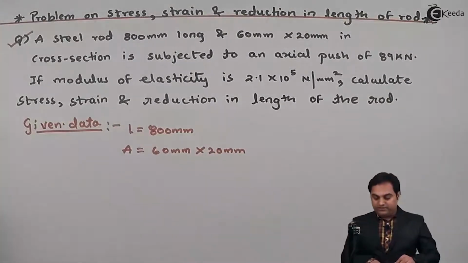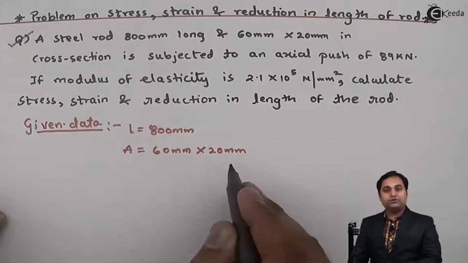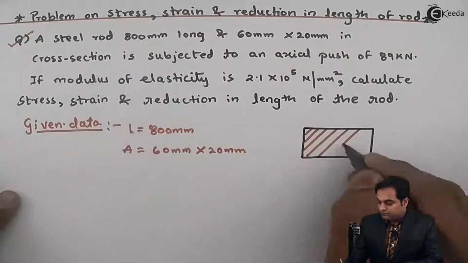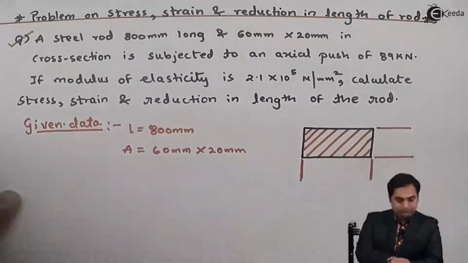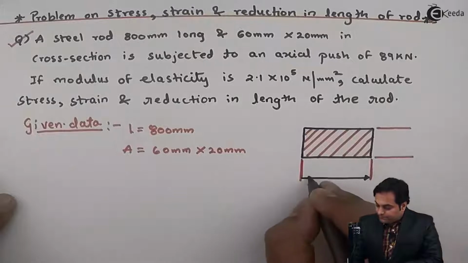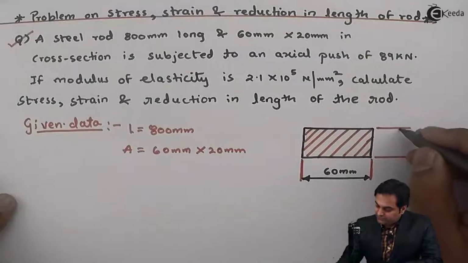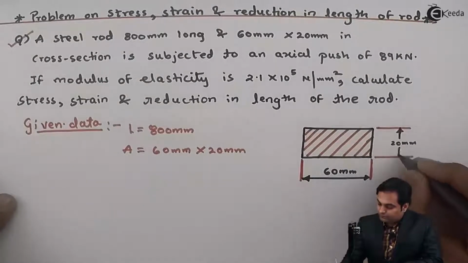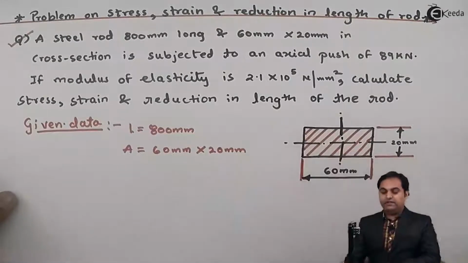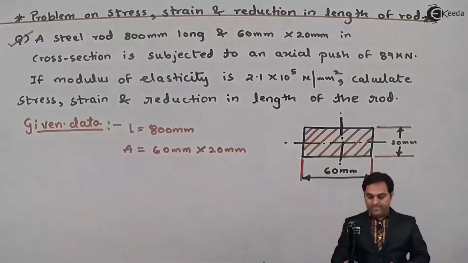So here this means that the steel rod is having a rectangular cross section. So 60 mm is the width and 20 mm is the depth.